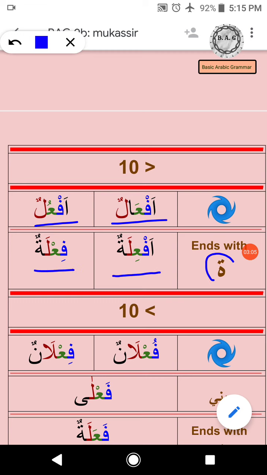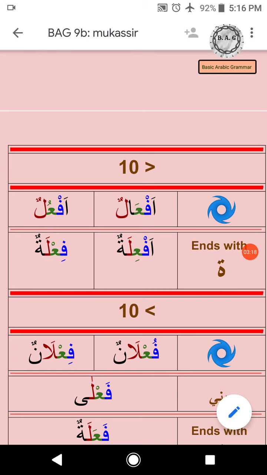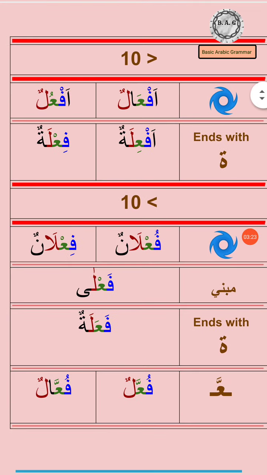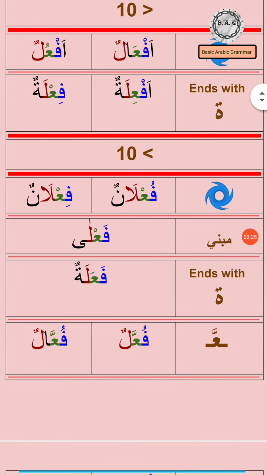So these two end with a ta marbuta, fi'latun and af'ilatun, and af'alun and af'ulun, there's only the difference of this alif here. There are only tiny differences, such as the ones that I just highlighted.